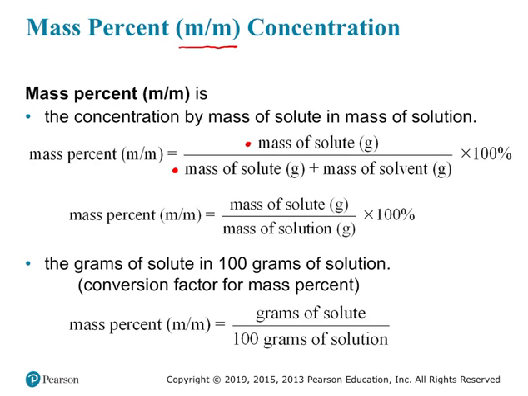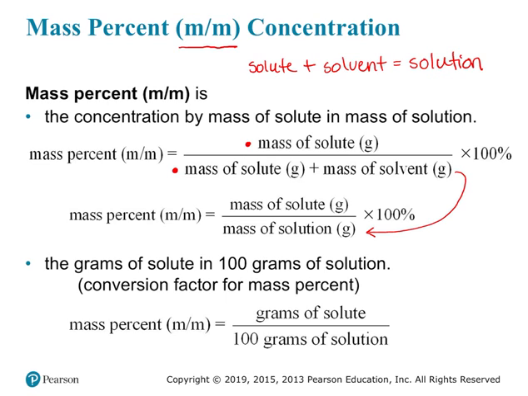Now, when we add the mass of the solute to the mass of the solvent, what we're really ending up with is the mass of the solution in grams, because remember, solute plus solvent gives us a solution. So we're really just taking the total mass of both the solute and the solvent in the denominator. And then, of course, we multiply by 100 to get our percentage.